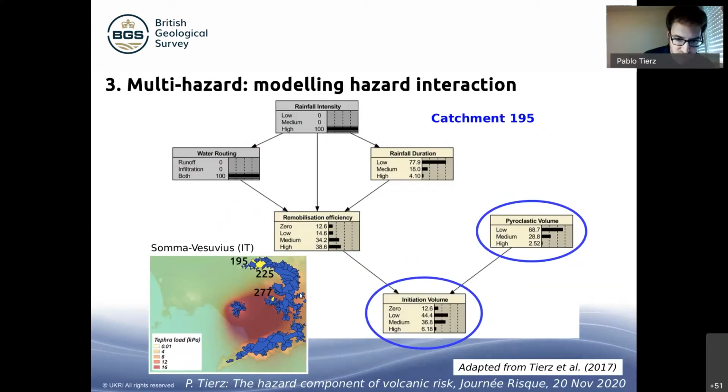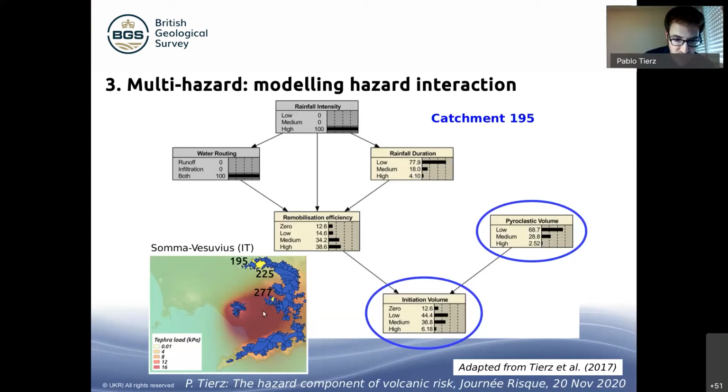And we do it for all these catchments here in blue, and then I will be talking about these two, 195 and 277, highlighted in yellow. And the other colors in the map here show the expected tephra load related to a large eruption, which is the scenario that we're exploring here in this configuration of the BBN.